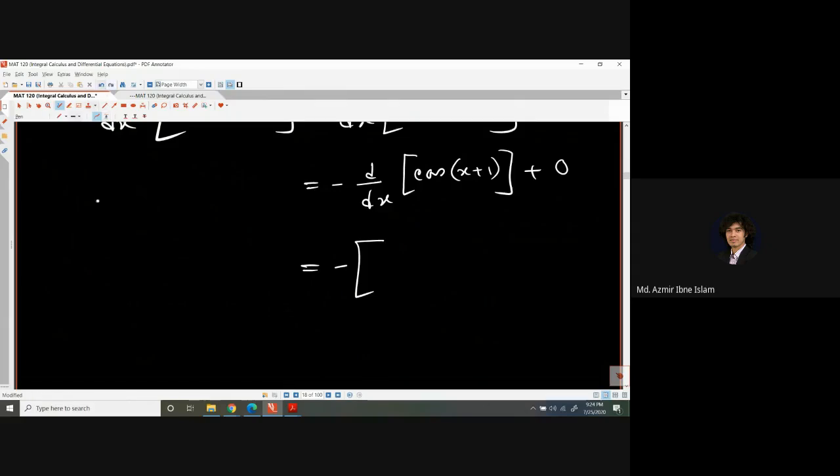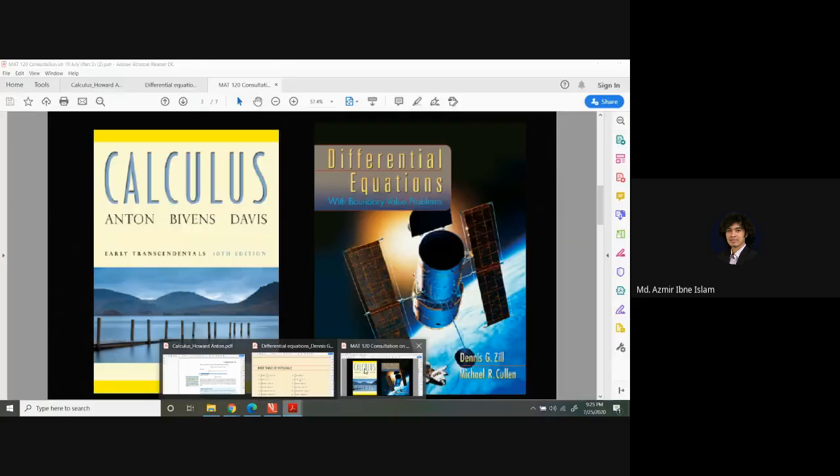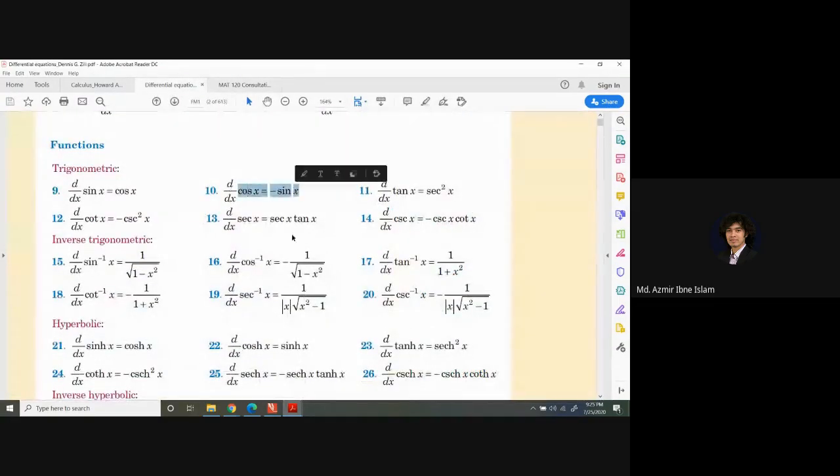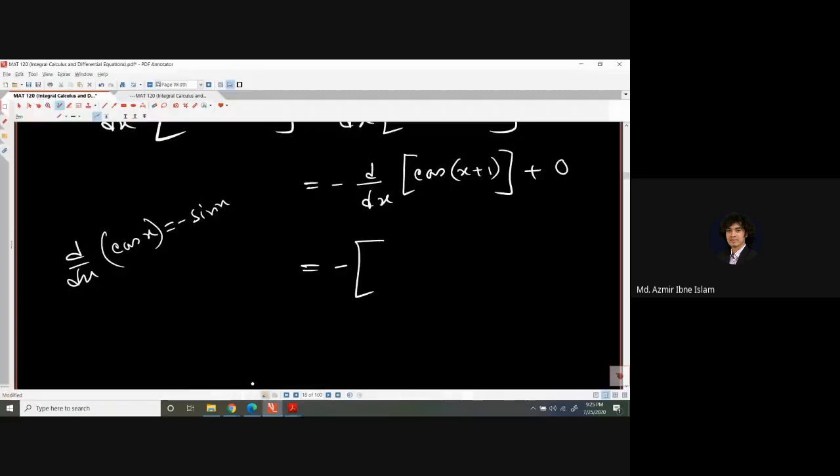At first, try to understand that this can be solved by using the chain rule. So what is the chain rule? I am discussing directly here. You know that differentiation of cosine x is equal to negative sine x. You will find all these formulas in your textbook. So now we have some other part. For this, how can we find the derivative?